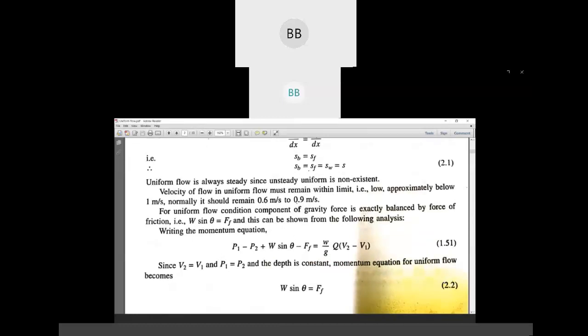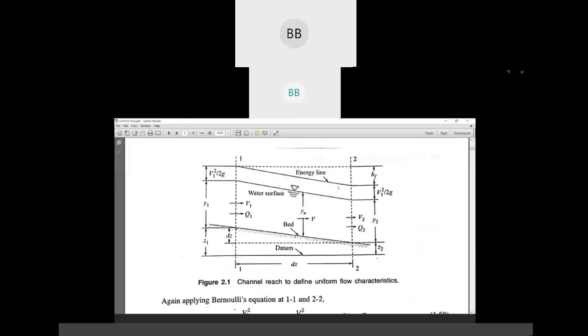Then we consider the momentum equation. These things we have just discussed. As we know, in uniform flow our y1 is equal to y2.